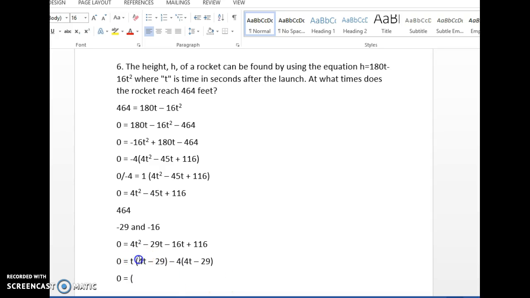And we notice that there's a 4t minus 29 there, and a 4t minus 29 there. So we're going to factor that out. Write it first, and then what's left over is t minus 4. So we'll write that there.